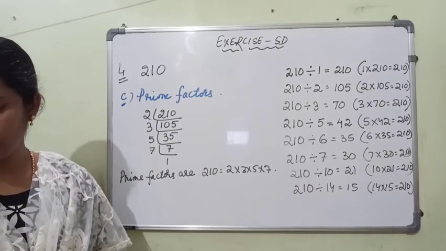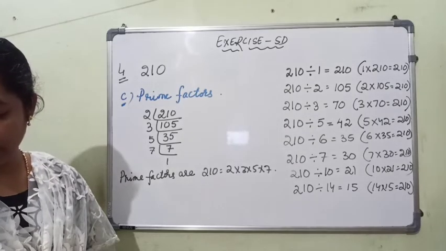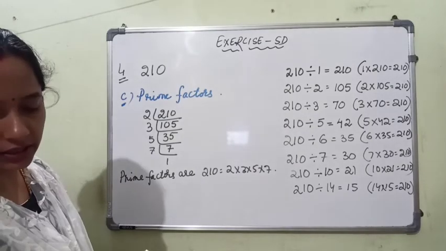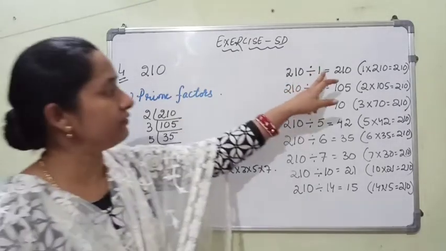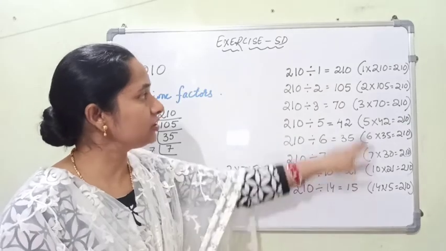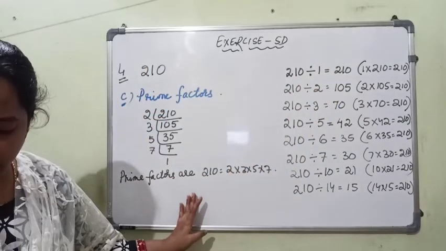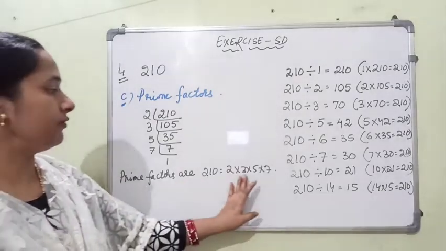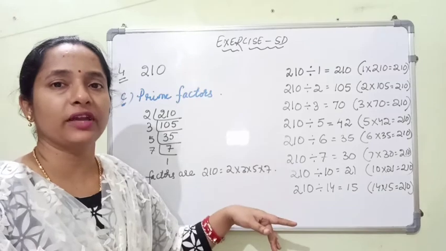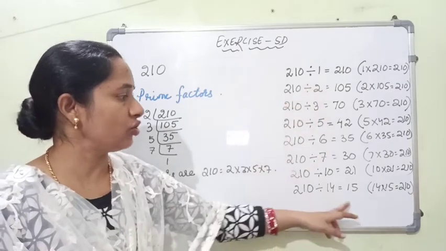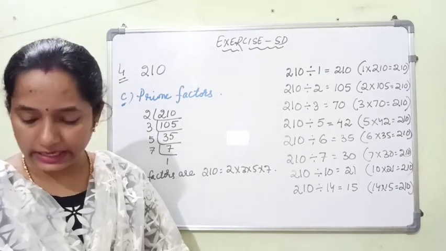What is the next bit given to you? Write down the composite factors of 210. The composite factors of 210 means at first we have written all the factors of 210. You can prime factorize and write down the prime factors, but for composite factors, you will just select the composite numbers among all the factors of 210 and write them.